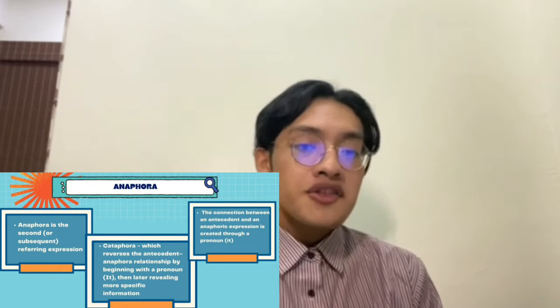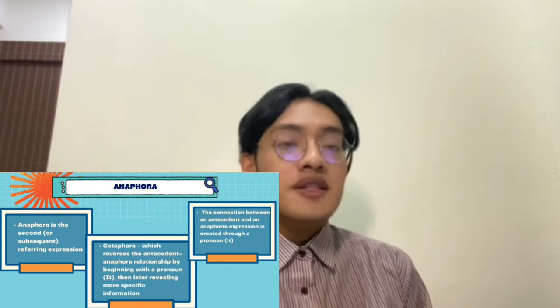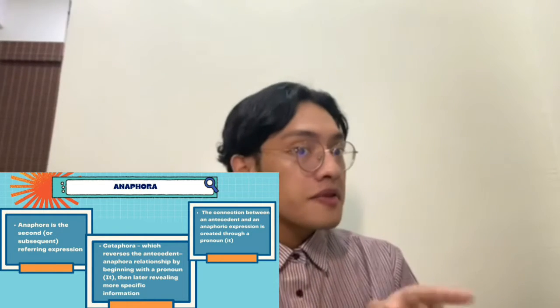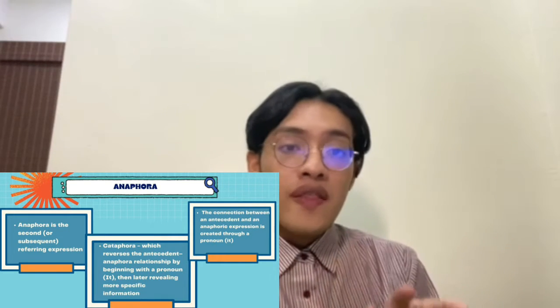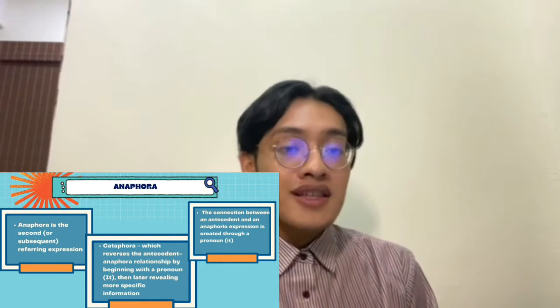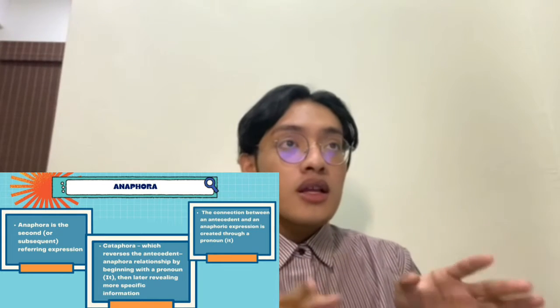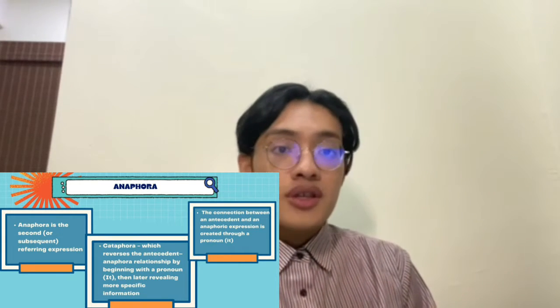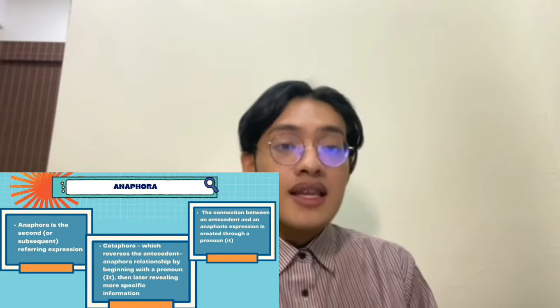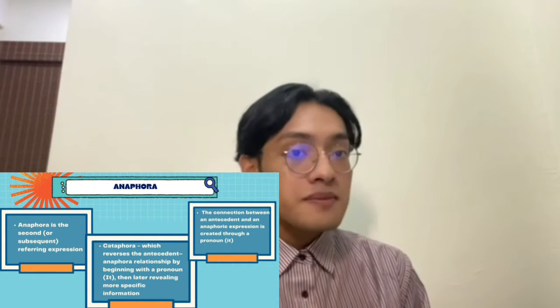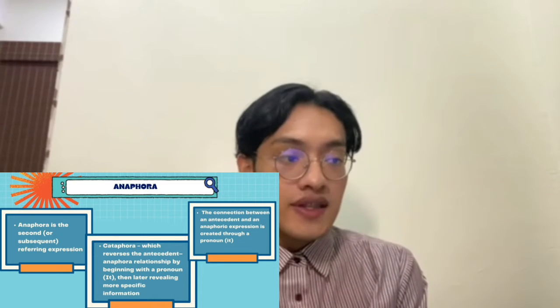So, in this situation, the pronoun is put in front. It is believed to be dead. The it is put in front, and later we know that the fish is the subject, is the noun. So this is cataphora, when the pronoun is mentioned at the first of the sentence.